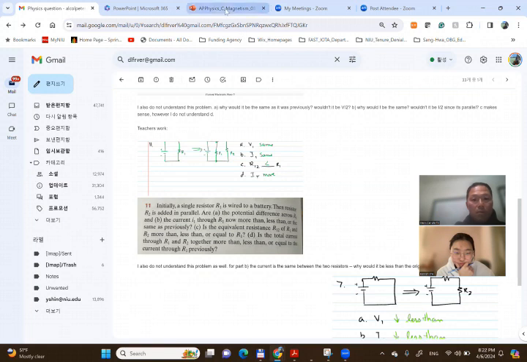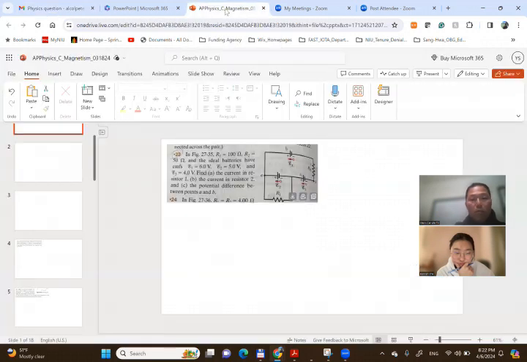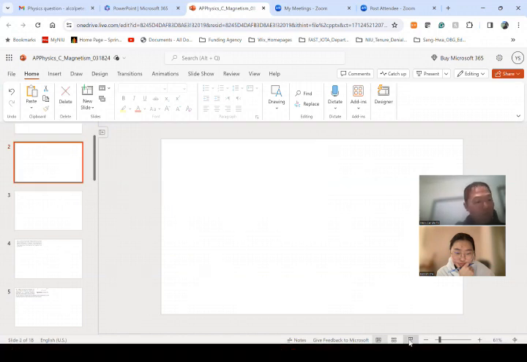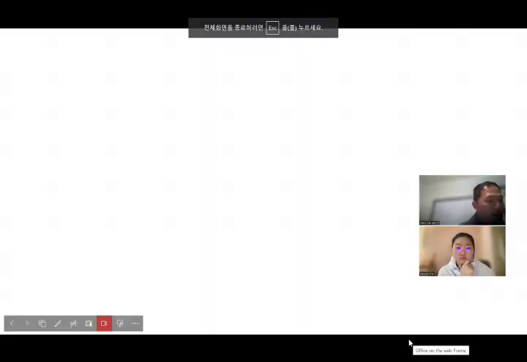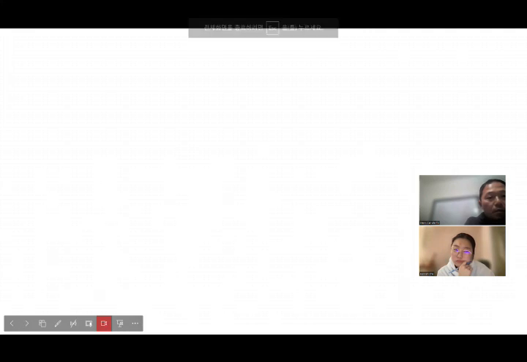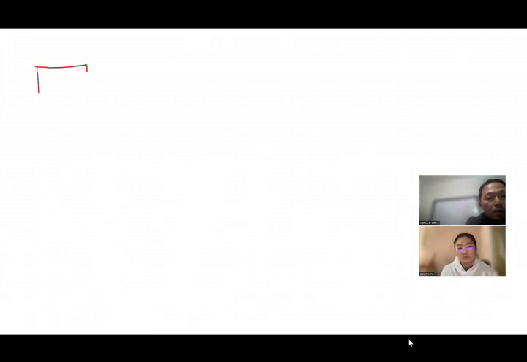So let's get back to here. Originally you have a single loop DC circuit with only R1 and the battery, plus and minus.